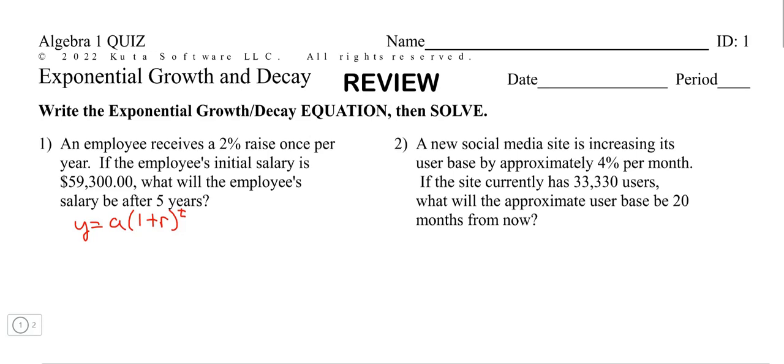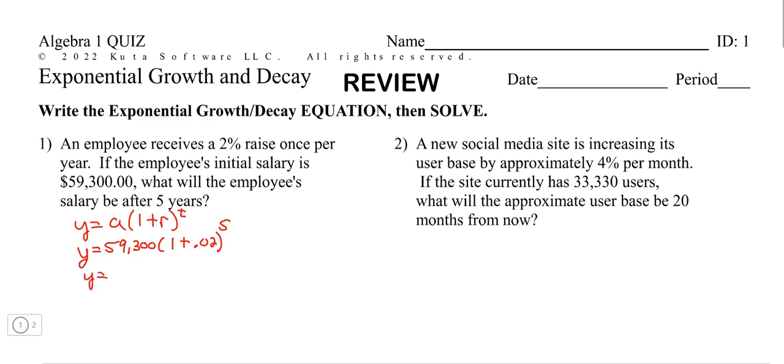So in this case, we're going to have y equals 59,300 times 1 plus 2% as a decimal is 0.02 to the fifth power, because we're talking about 5 years. And 1 plus 0.02 is 1.02.